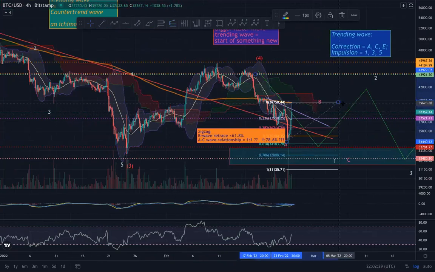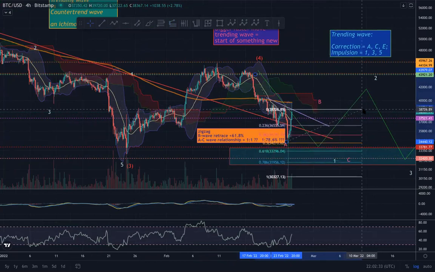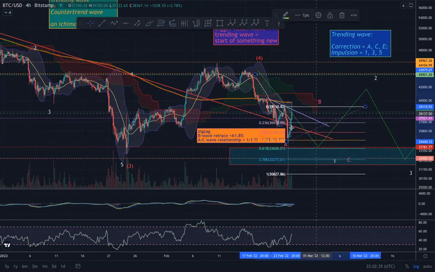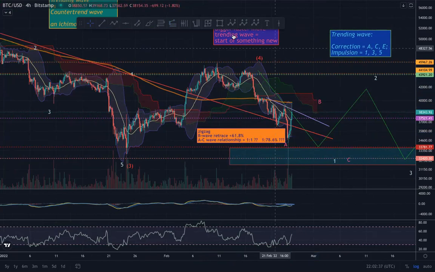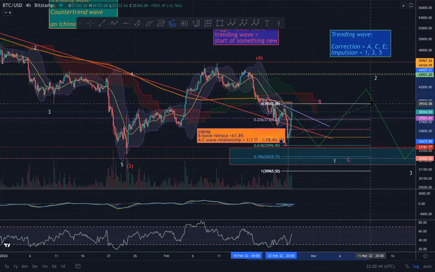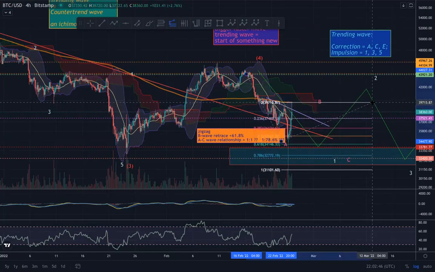It's not exactly precise, but especially depending where the B wave ends, if the B wave ends here or here, you might be pulling it from different levels. Also, that's basically it. Enjoy 31K, 32, 33K.